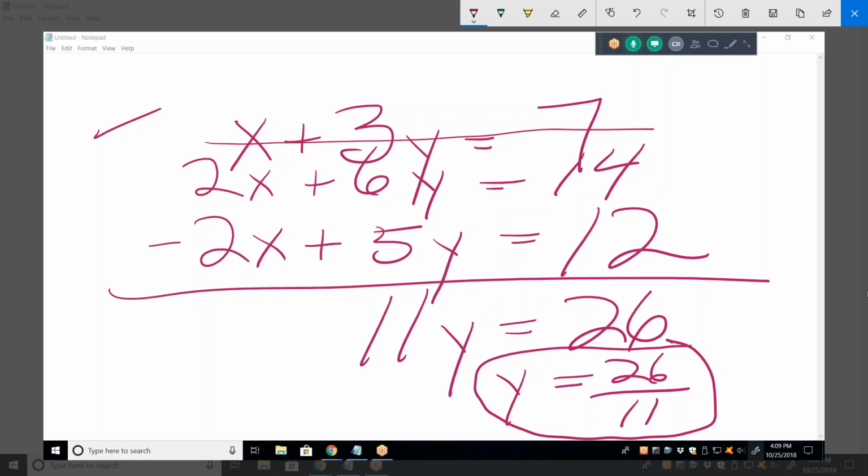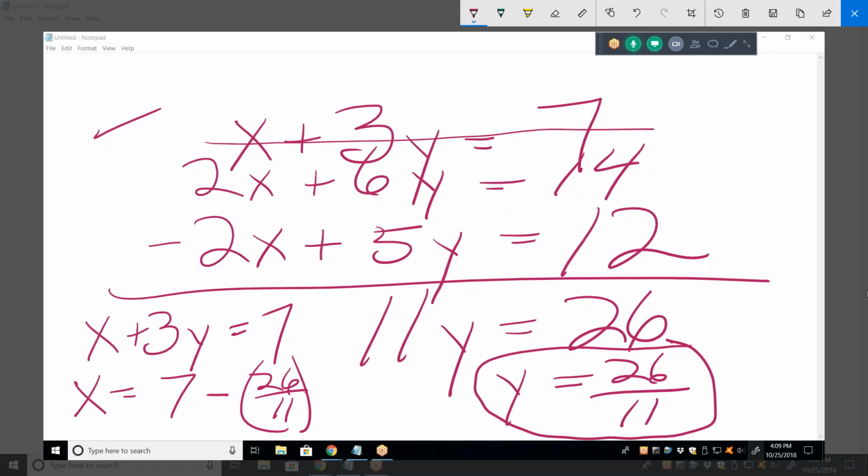In this case, my simplest equation appears to be that very first one. So I'm going to substitute 26 over 11. So x equals 7 minus 26 over 11 times 3. See how I did that? And that would be your x value. Whenever y is 26 over 11, x is whatever that number is. And there's your two solutions.